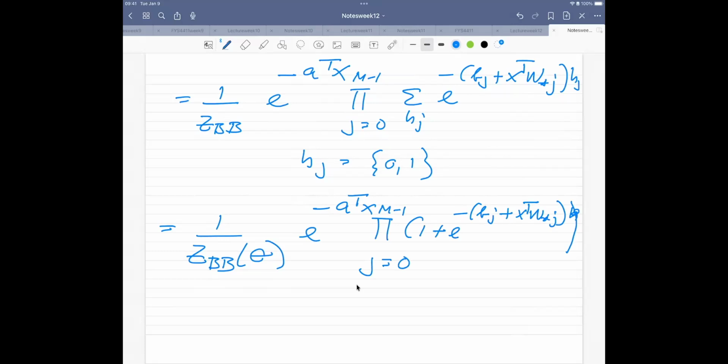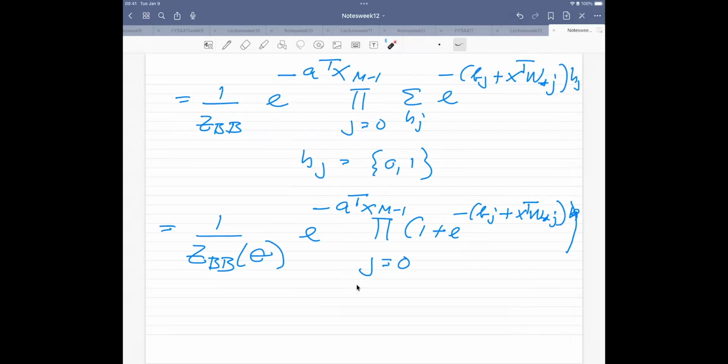Because it's either 0 or 1. So if this term here is equal to 0, then this just gives us 1. Then if it's equal to 1, I simply have the second term here. Okay? So that's part 1.